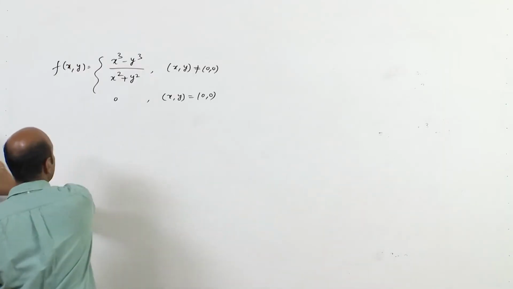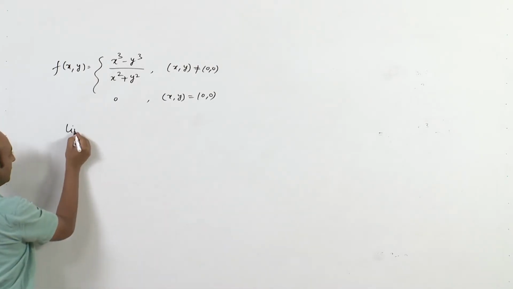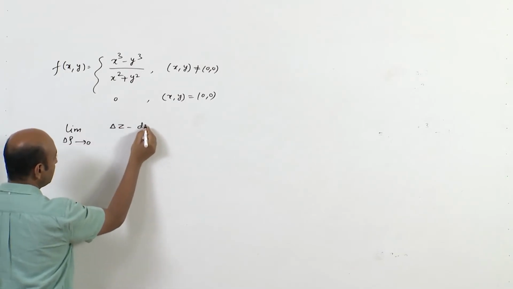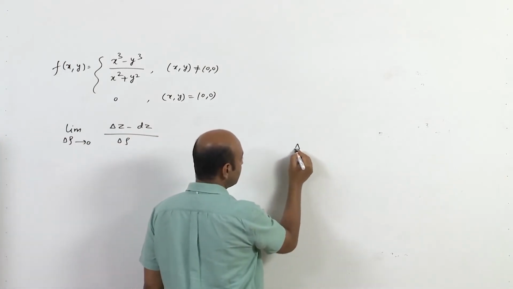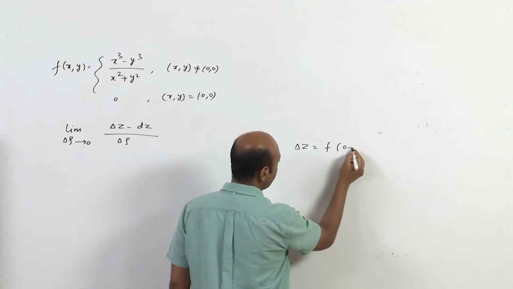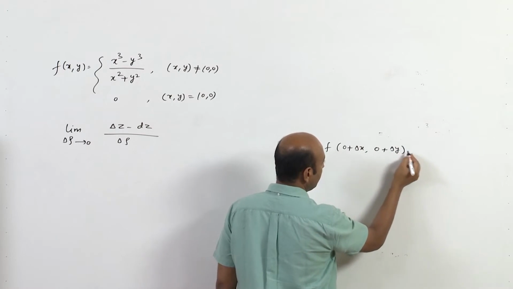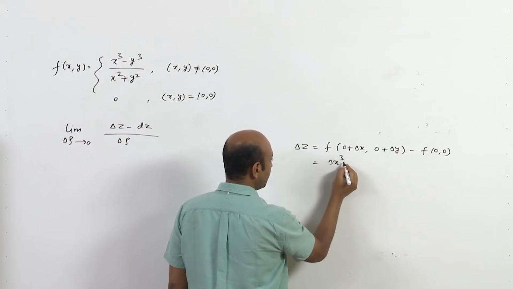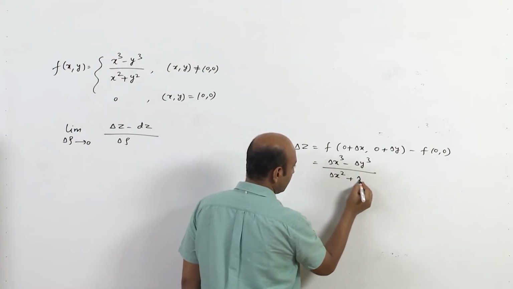Now, to show that a function is not differentiable at (0, 0), we can use the definition. So, try to find out this limit. Limit delta rho tending to 0 of delta z minus dz upon delta rho. First, what is delta z? Delta z is f of (0 plus delta x, 0 plus delta y) minus f(0, 0), which is delta x cube minus delta y cube upon delta x square plus delta y square.